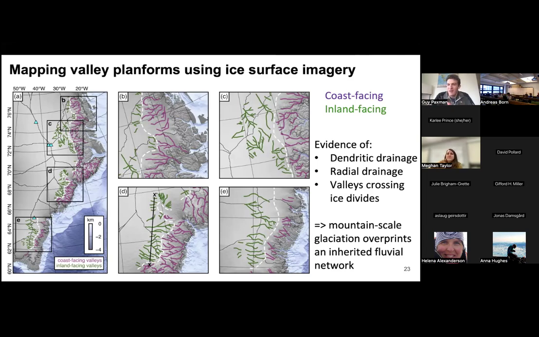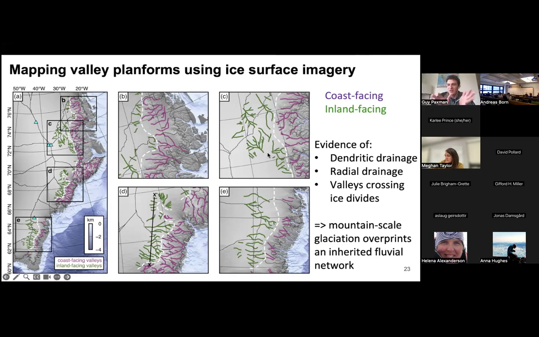What I want to point out here is that there are some quite interesting patterns in these valley plan forms. They're divided into two colors. The purples are valleys that are oriented eastwards toward the coast, and the greens are valleys which are oriented inland, facing away from the Atlantic coast today. As well as that divide in terms of where the valleys appear to be oriented, we also see some quite interesting evidence of dendritic patterns, like you see in some of these valleys here.